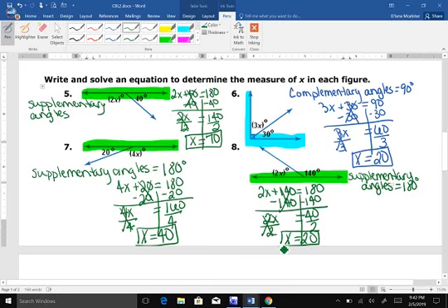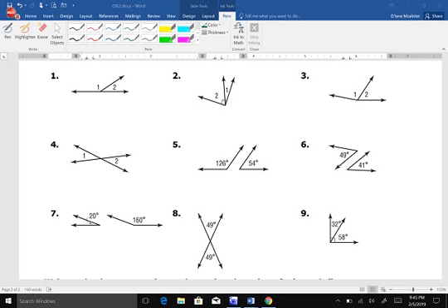Do you have any questions about writing and solving equations to determine the value of x for supplementary and complementary angles? Let's see if you can tell us if examples 1 through 9 are complementary, supplementary, or neither, and let us know why.